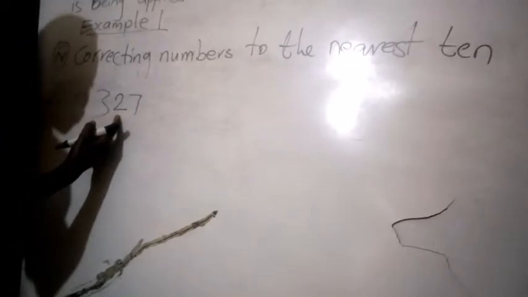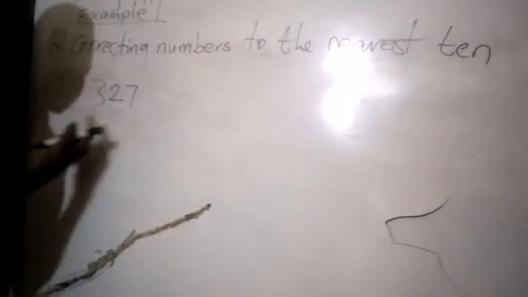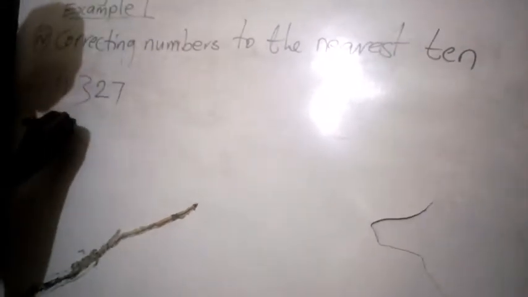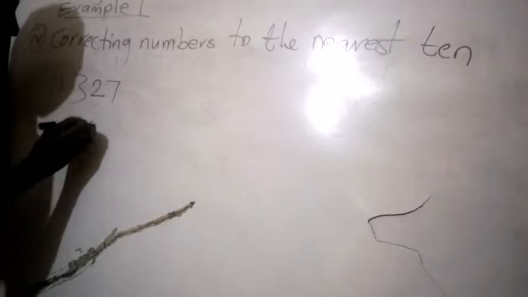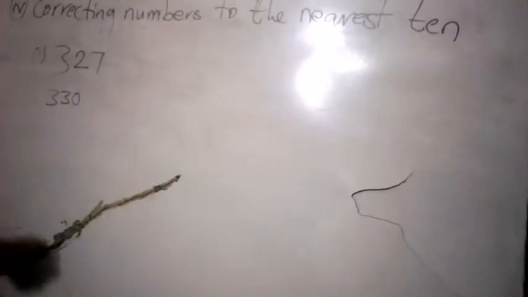So 10 plus 20 here, the value of these two here is 20. 10 plus 20 will give me 30, which means this figure will be converted to 330. 330 to the nearest 10.